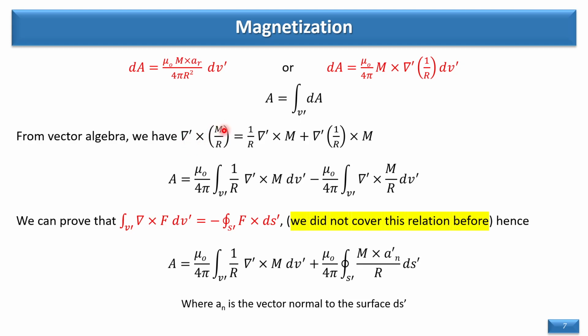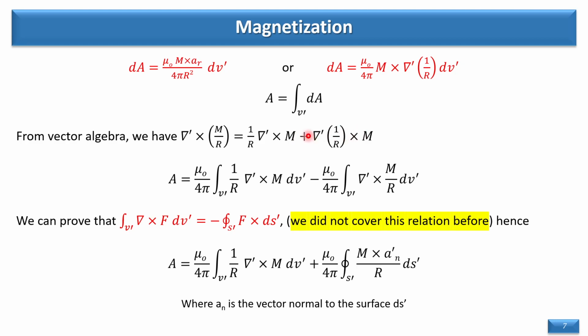The curl of M over R, where M is a vector and 1 over R is a scalar quantity, can be expressed in this format. And if you look here, this expression and that expression are the same with just a different order, so it corresponds to a negative sign.